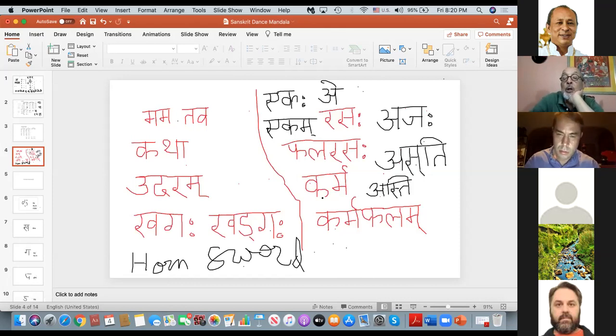Karma. This is R. Okay, R in this Devanagari script is written five different ways. This is why I call it the notorious R, because it is written in so many different ways.